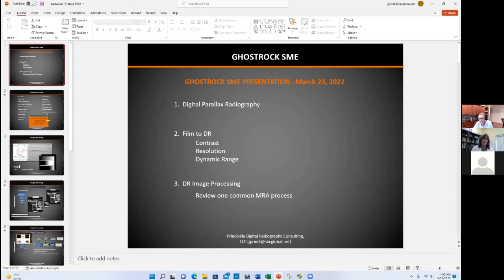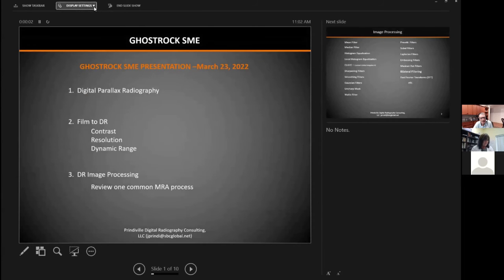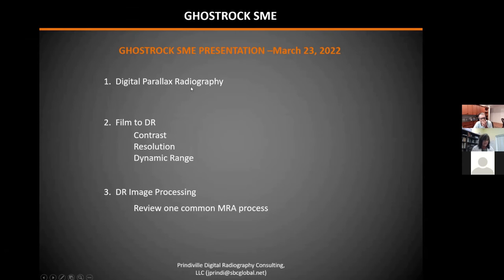Okay. Another question is, if DR has lower resolution than film, what if it can't meet ASTM specified resolution requirements? There's an interesting part in the ASTM standards that really takes advantage of the Rose model, which says to find an indication, it's the contrast to noise times the square root of the area. If the contrast to noise goes high enough, then you can basically reduce your resolution. Those charts in the picture of the weldments that we showed from BAM kind of highlight that point.